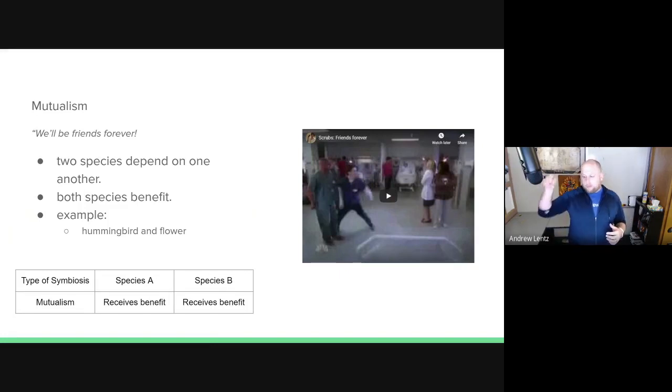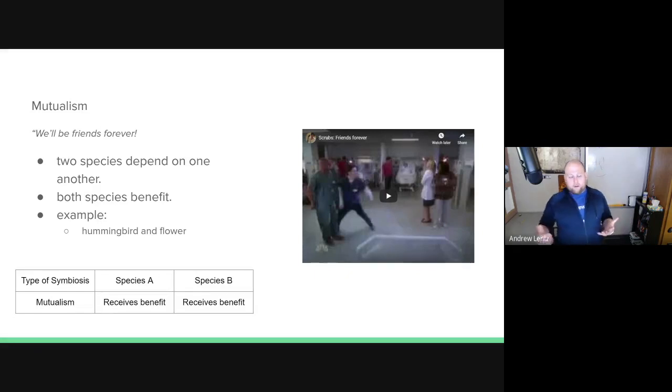So as the hummingbird comes here and eats the pollen, and then comes over here and eats this pollen, pollen from flower A has been transferred to flower B. That right there is called pollination, which is what plants need to reproduce.